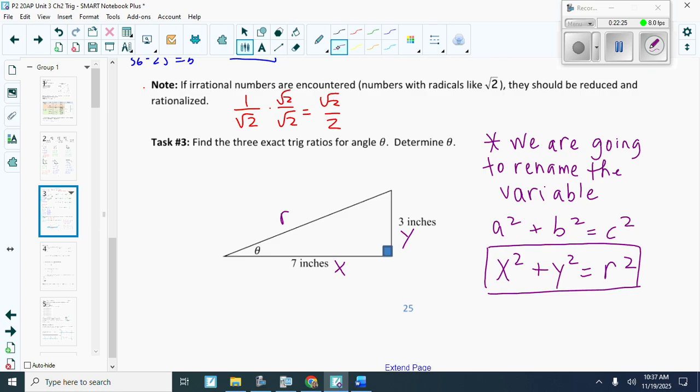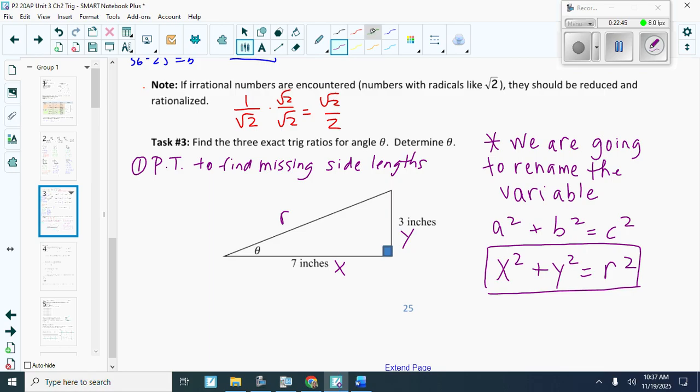In this case, we always have to use Pythagoras theorem to find missing side lengths. Once you have all the side lengths, then you're tickety-boo to do your trig ratios.